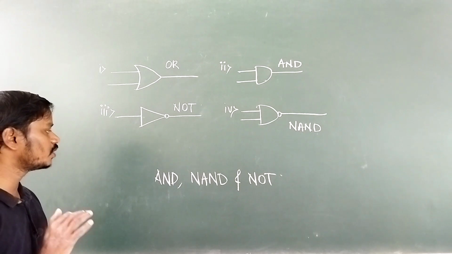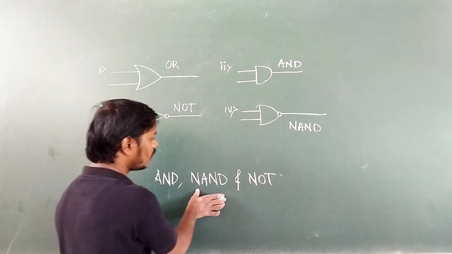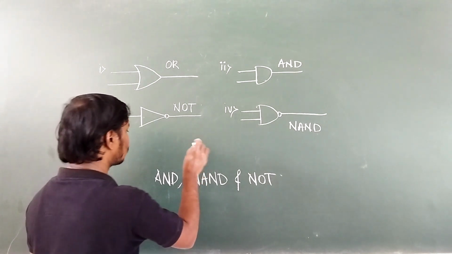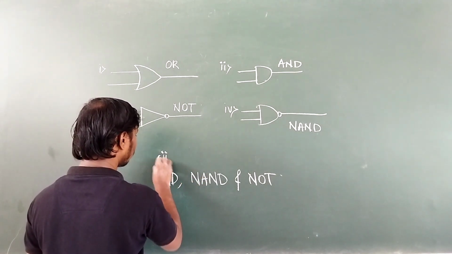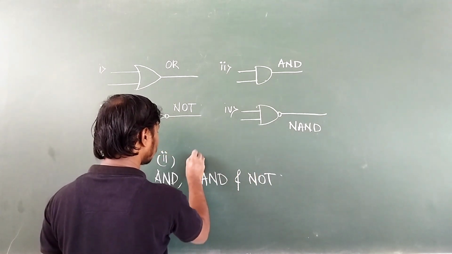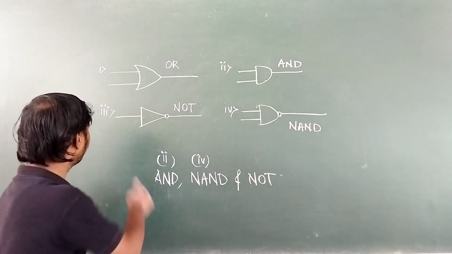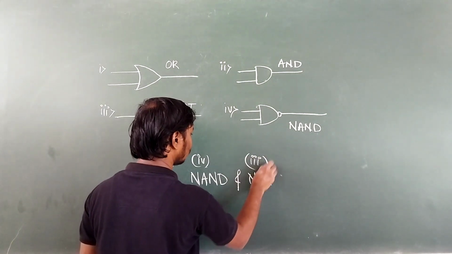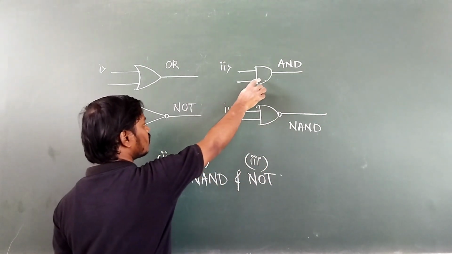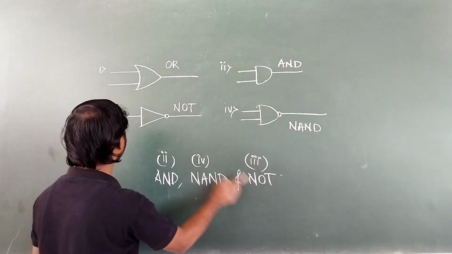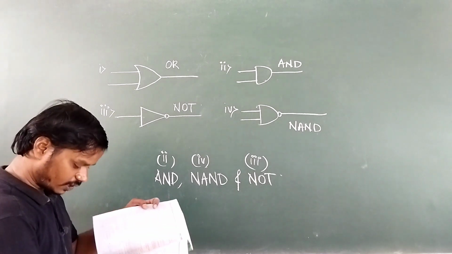What is our aim? Our aim is to pick out AND, NAND and NOT respectively. So the second one is the AND gate, the fourth one is the NAND gate, and the third one is the NOT gate. Then which is the correct option here?